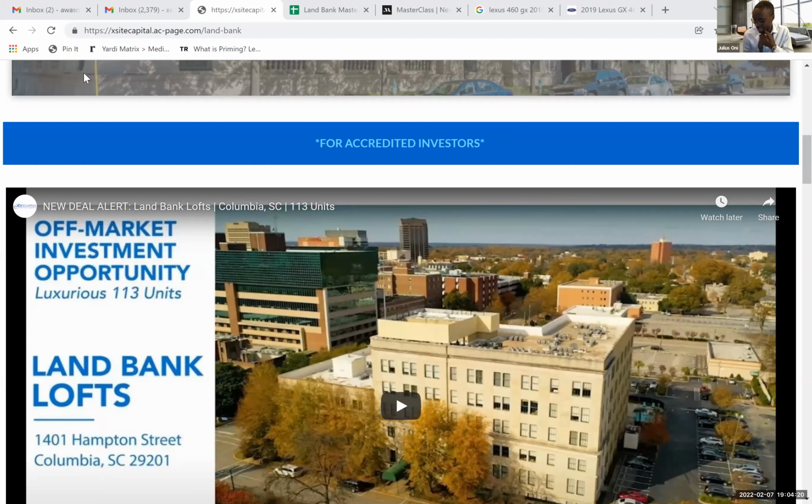We've almost completed the raise for this because the close date is the 3rd week of February, but we still have a few spots left, and hopefully we'll bring you on if you think this is a good fit for your portfolio. So Leslie, take it away.